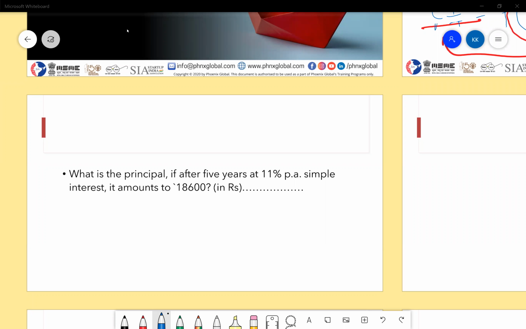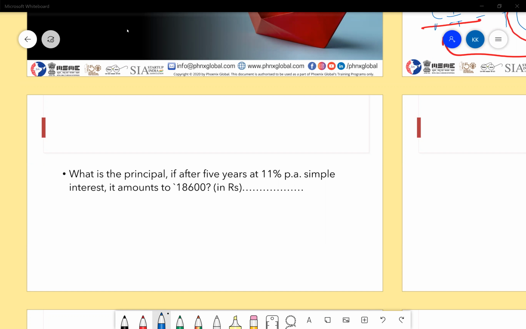Okay, I got it. I have to subtract. I think its answer is 15218. No, it's not 15218. It's 12,000. You will get 18,600 is equal to 1.55 times the principal, because every time you are getting 11,000 as the simple interest.